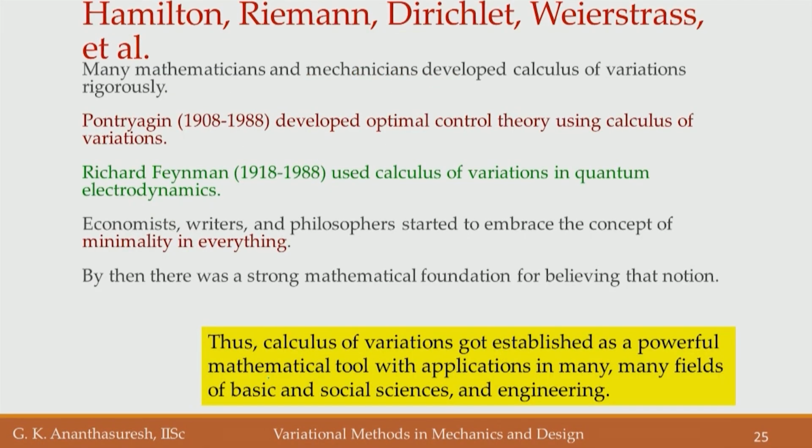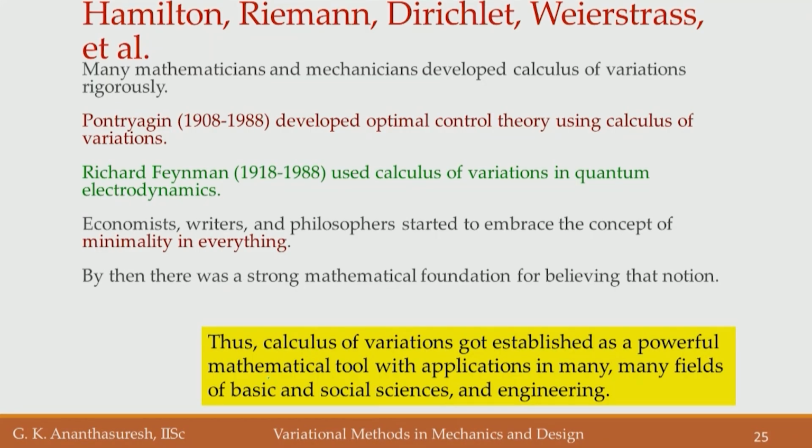Much later, when it comes to mechanics or what we call variational methods, Hamilton, Riemann, Dirichlet, Weierstrass and a number of other researchers applied calculus of variations to mechanics and derived wonderful energy methods or variational methods. Pontryagin, much later in the 20th century, developed optimal control theory, which is also related to calculus of variations. Richard Feynman, the Nobel laureate famous for his physics lectures, used calculus of variations in electrodynamics.